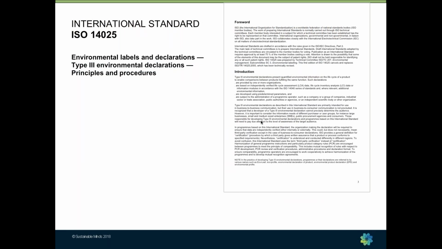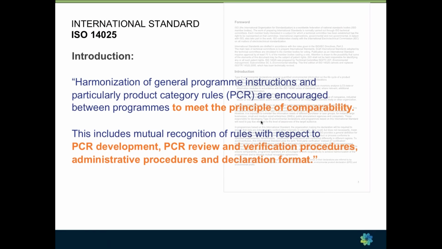So let's take a quick look at the ISO 14025 standard. It hasn't changed in a long time. This is the foreword, and right up front, in the introduction, it says that PCRs are encouraged between programs to meet the principle of comparability.